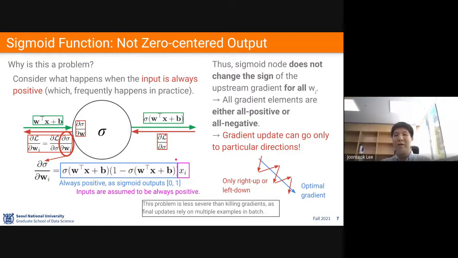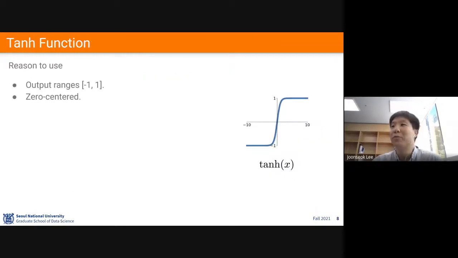So other than the sigmoid function, what other options do we have? People gave some ideas like this, which is the hyperbolic tangent function. So it looks like this, and now it outputs between -1 and 1 rather than 0 and 1. So the output is zero-centered, and we have both positive and negative out of this function, which is great.